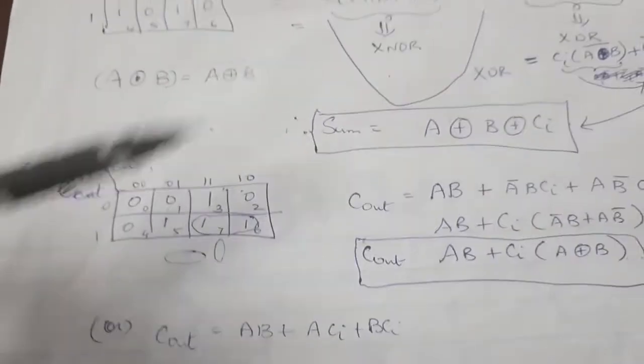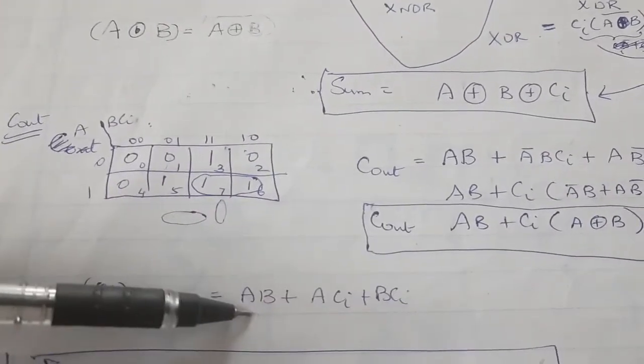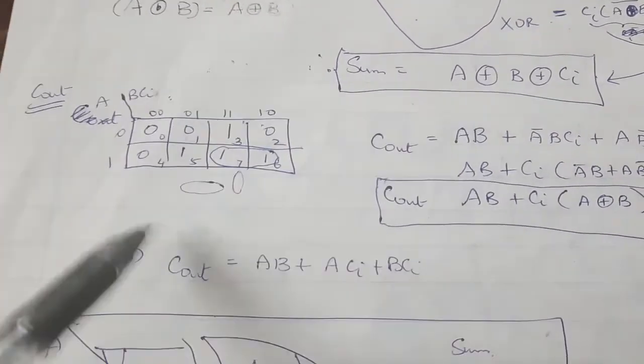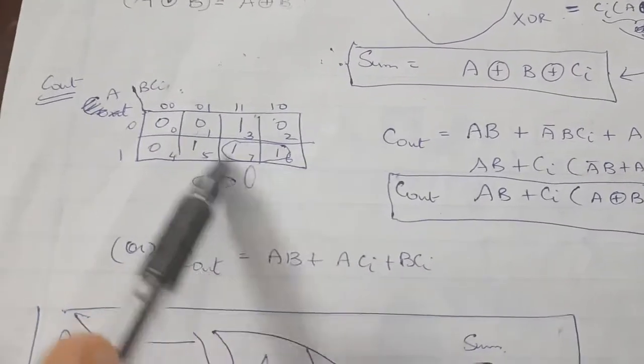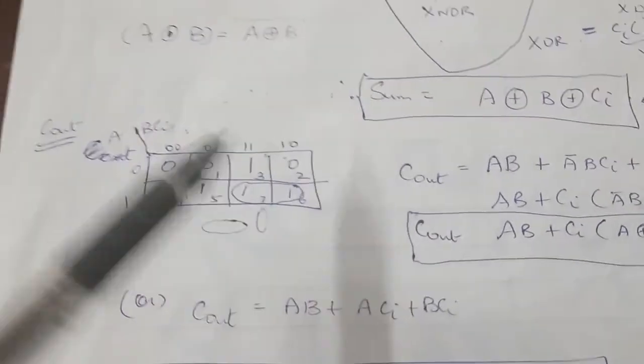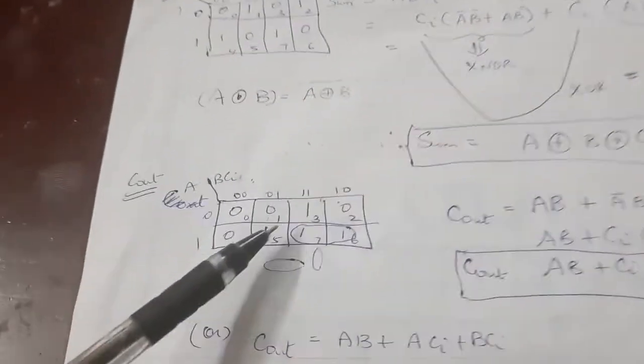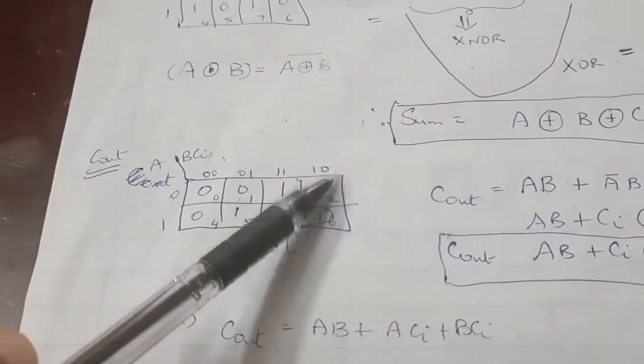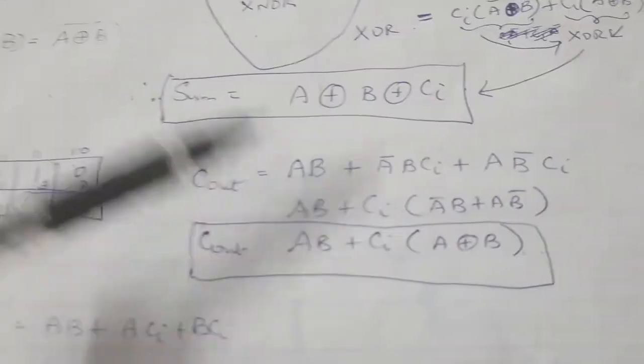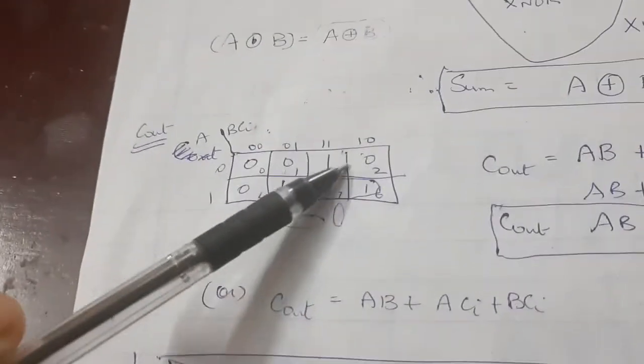In this carry you can come out with 2 expressions. I have taken only these 1s to be clubbed. So in this condition the answer is AB. Then these 2 are taken individually.